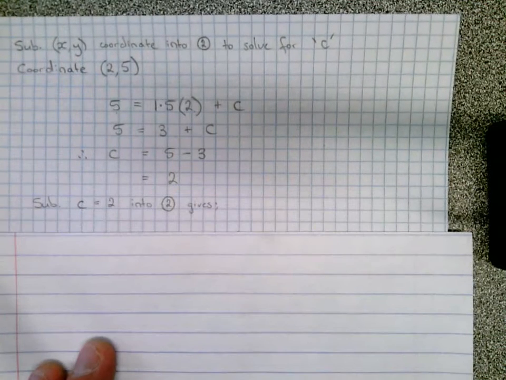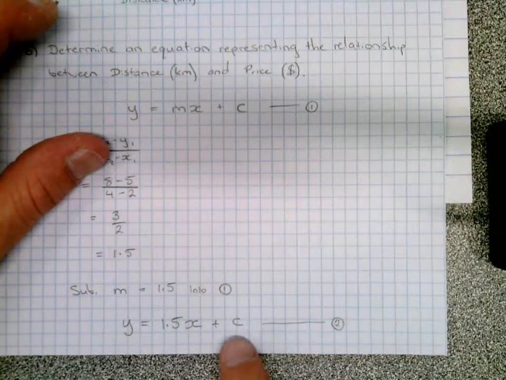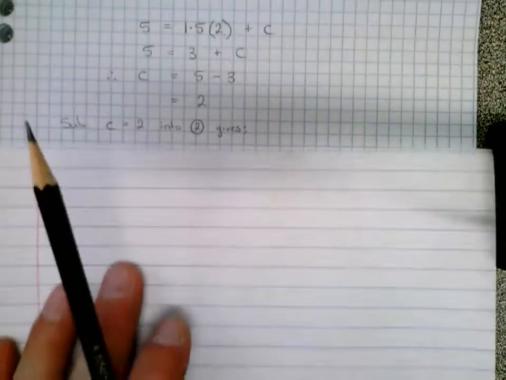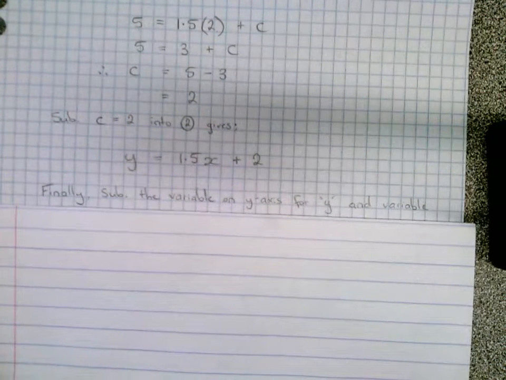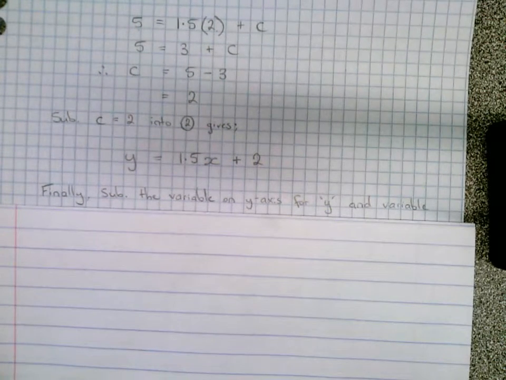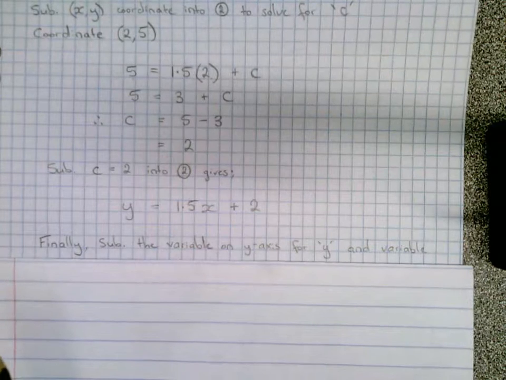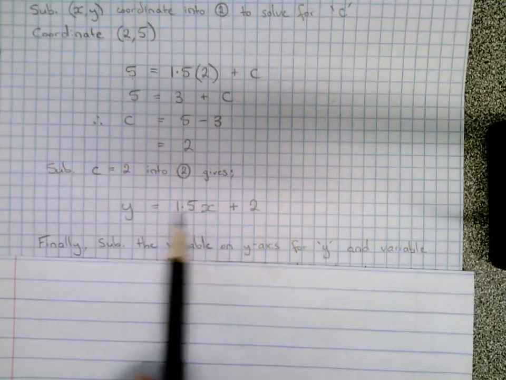I can then substitute that c value of 2 into equation 2, which is this one back over the page, and it will give me the equation. Now that is the equation with reference to x and y.